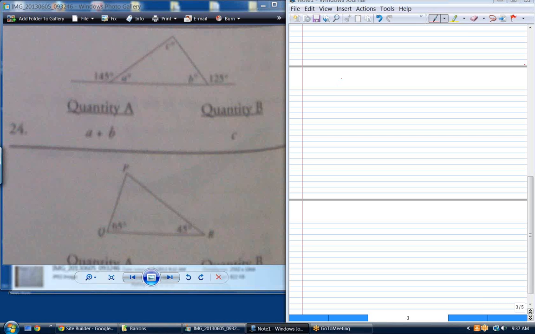A would be 180 minus 145. And B would be 180 minus 125. So that would be 90, they're equal.